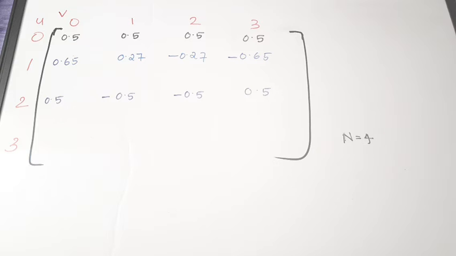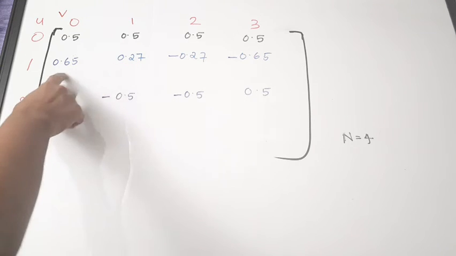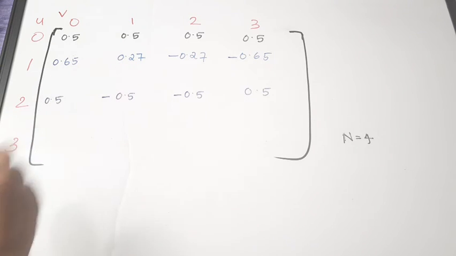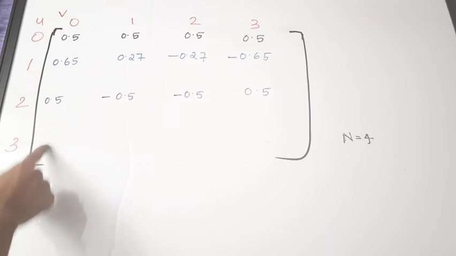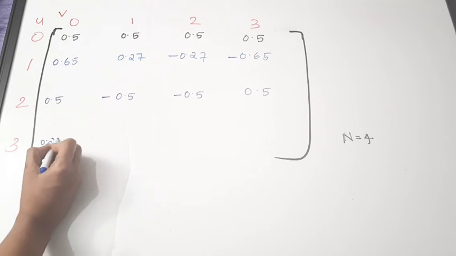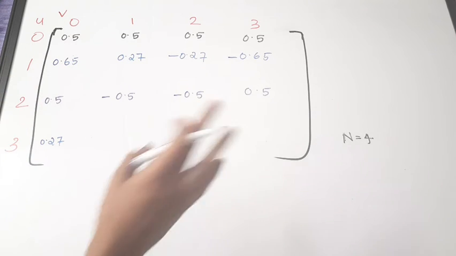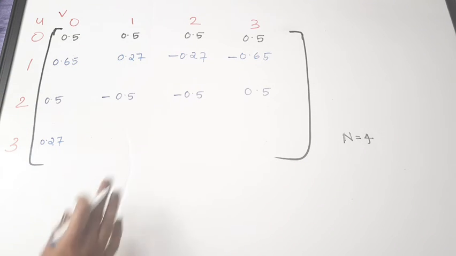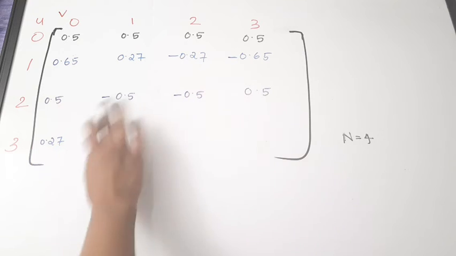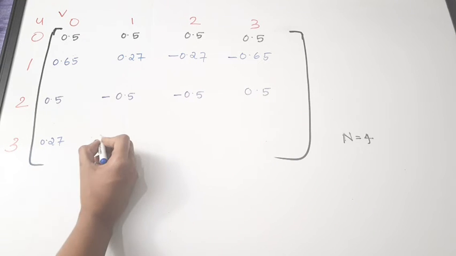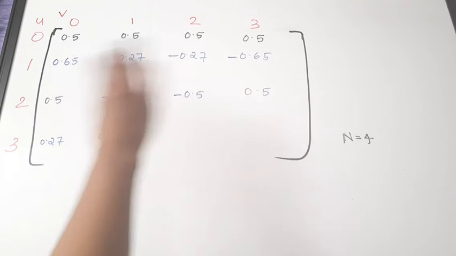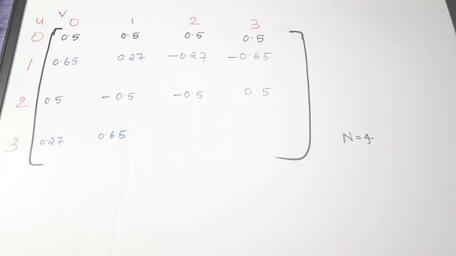Now, for forming the last row, you have to again reverse these two elements and write it. That is 0.27 will come here, 0.65 comes here. Ignore the signs as of now, just write the elements, and then we'll write the elements by taking the signs also.